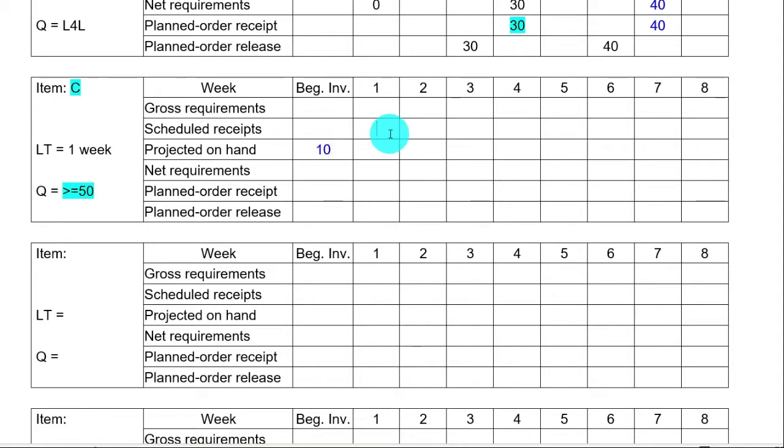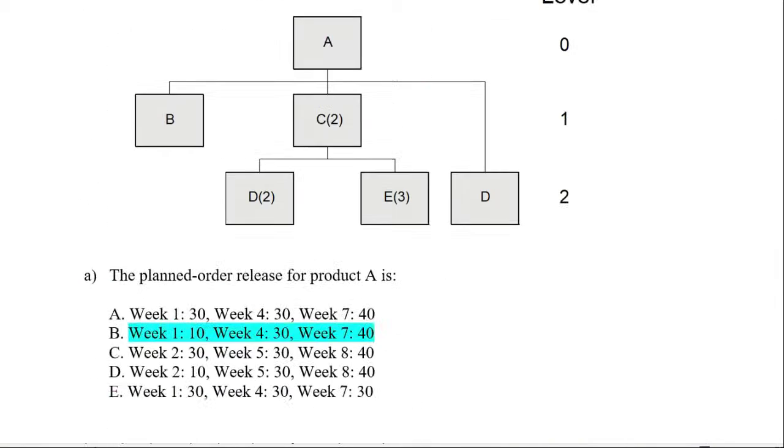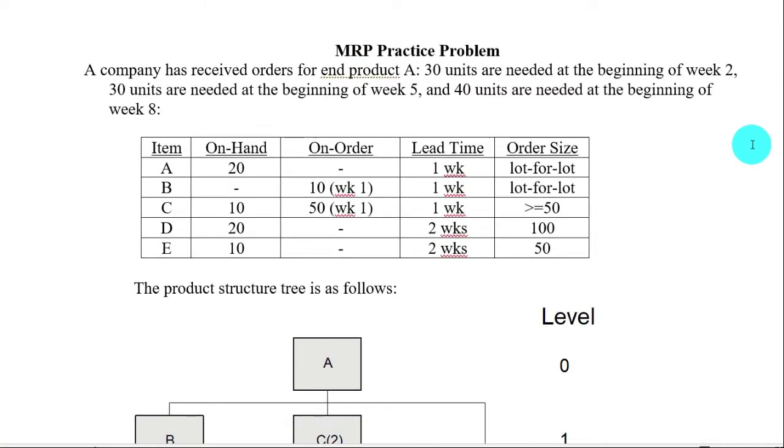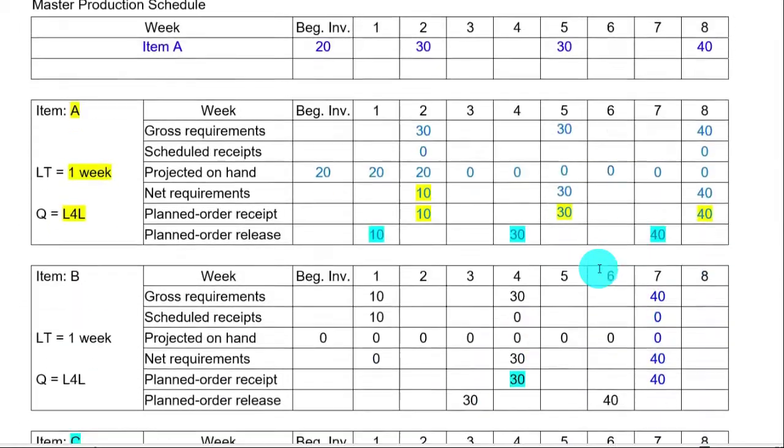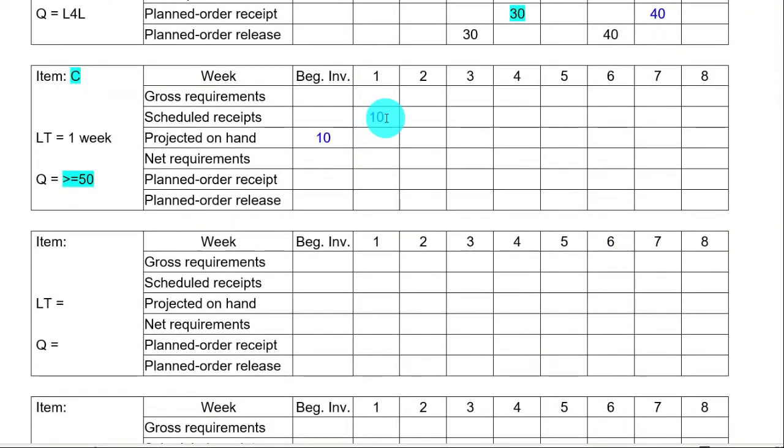And 10 on order. It's going to arrive in week 1 of the planning period. It's 10 or 50? Yeah, I forgot already. It's 50. I'm sorry. 10 and 50 week 1. All right. Now next we're going to determine gross requirements.